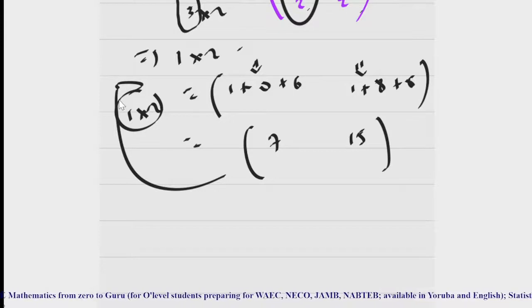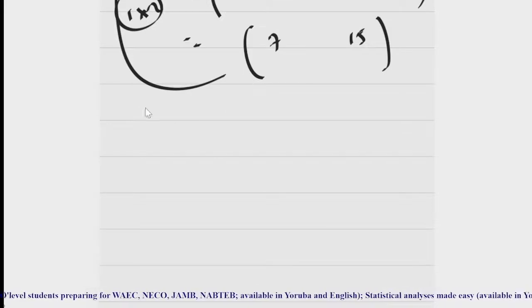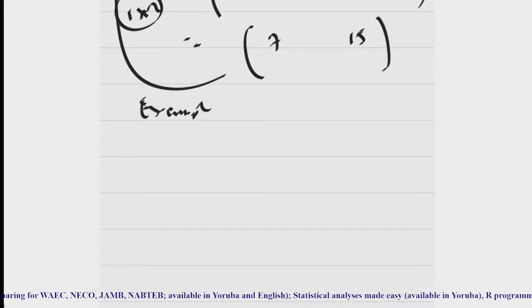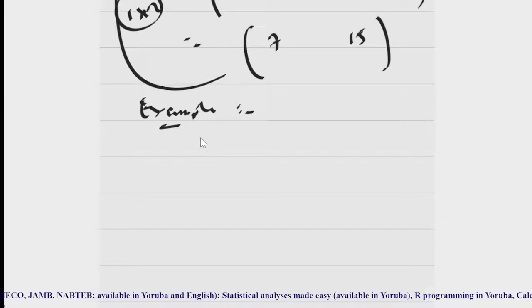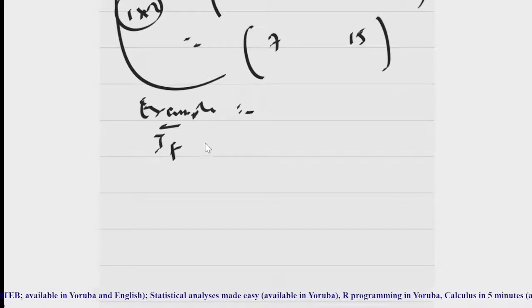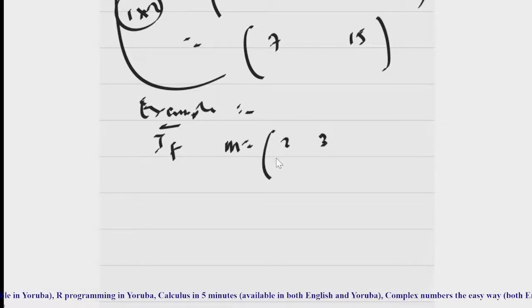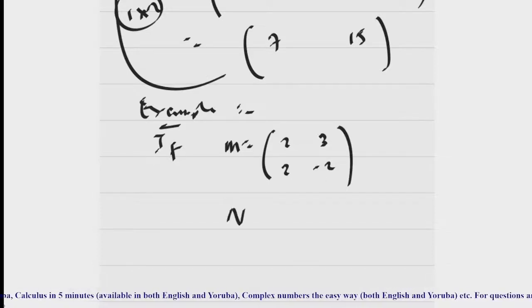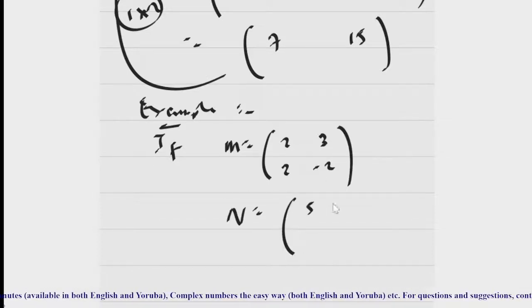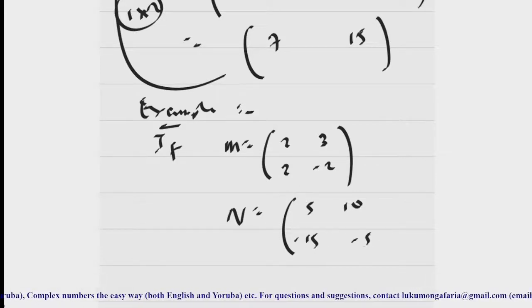So if that is clear, let me now give you the one that is more complicated. Example: if M is equal to 2, 3, 2, minus 2, and N is equal to 5, 10, minus 15, minus 5.